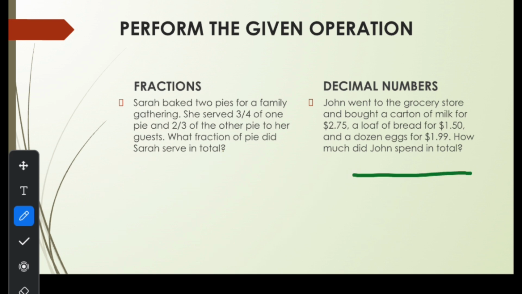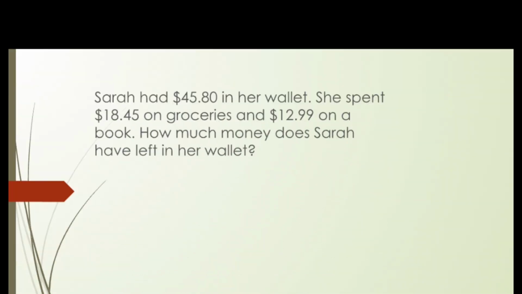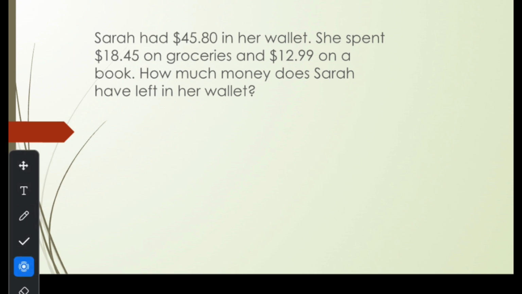Moving to the next question. Now again in this question, you need to identify which operation is being asked. Someone had this amount in the wallet, this has been spent, and this on the book. Out of this amount, a certain portion is spent on groceries and a certain portion is spent on books. So we need to check the spent amount first.